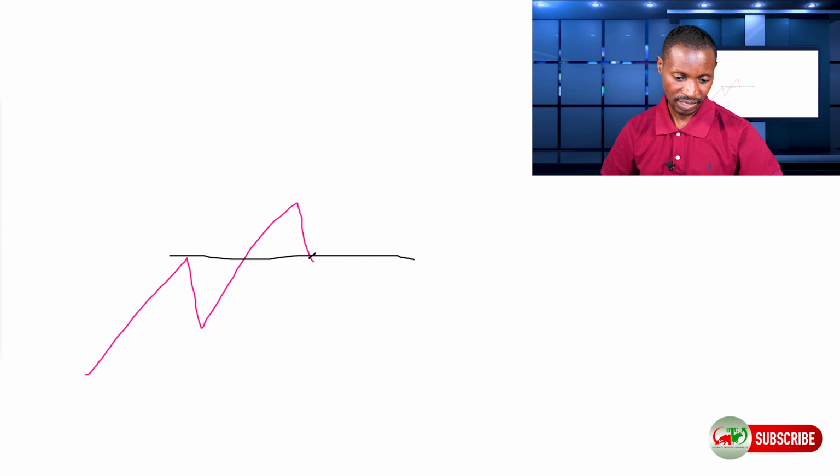Let's say you see that your market is trending up and it made a retracement from this broken resistance, which could then act as support, and you placed a buy stop here, and you placed your stop loss order here.